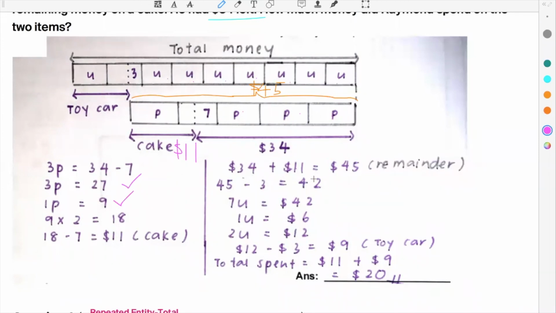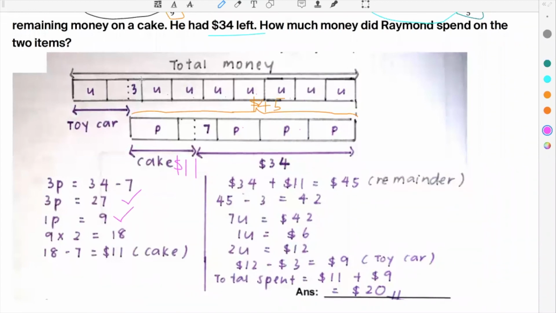So 7 units is equal to $45 minus 3, which is 42. 1 unit would be $6. 2 units is 12. 12 minus 3, that would be the value of the toy car, which is $9. How much did he spend on the 2 items? That would be $11 plus $9. And ta-da! We get the answer already.